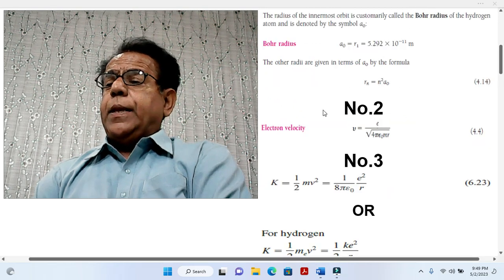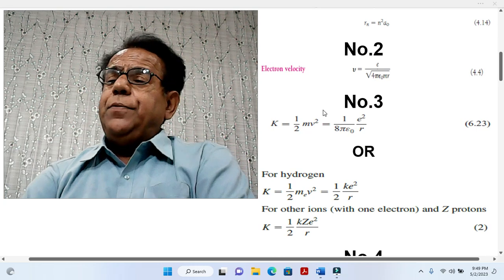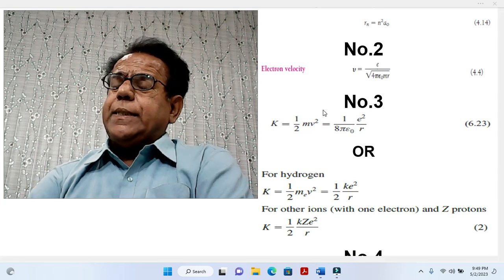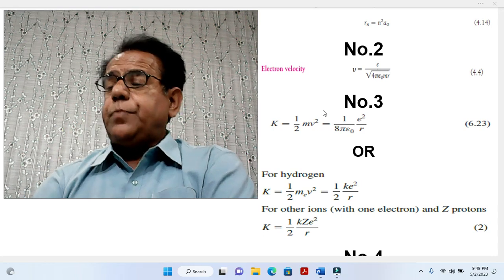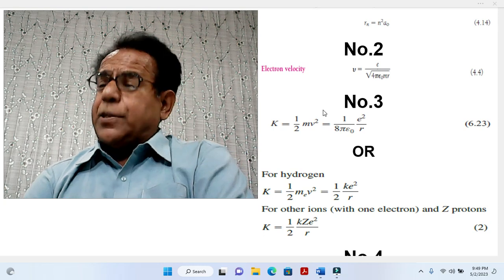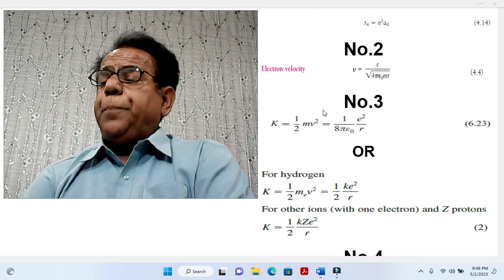Now we come to tool number 2, in which the expression for electron velocity is given. This snapshot has also been chosen from the book Modern Physics by Arthur Beiser.